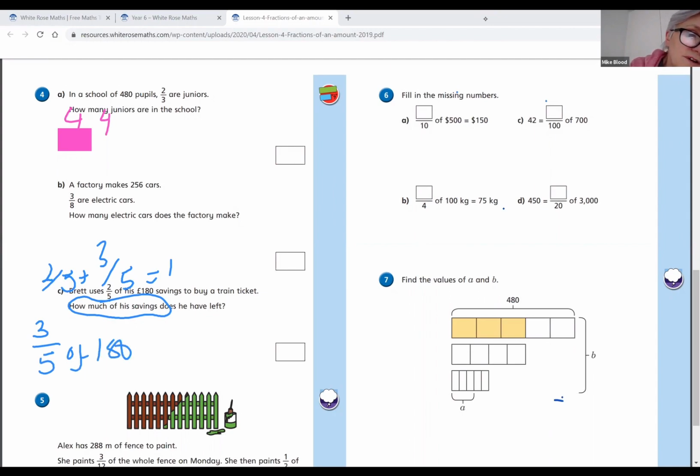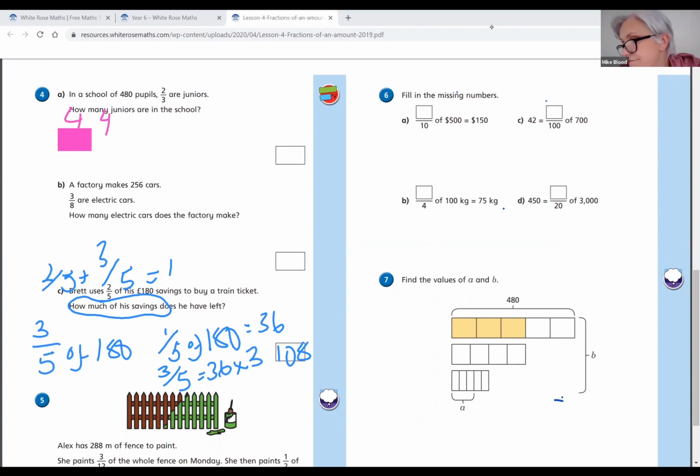Find out what 1/5 of 180 is. So you do 180 divided by 5, which will get you 36, is that right? I think 36. And then you want 3/5, so 36 times 3. 30 times 3 is 90, 6 threes are 18, so that gives me 108. And it's pounds, £108 left.